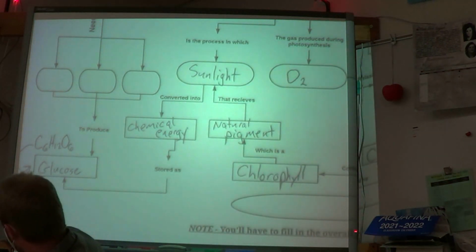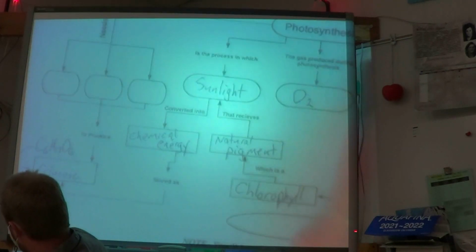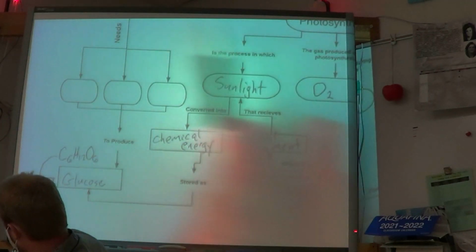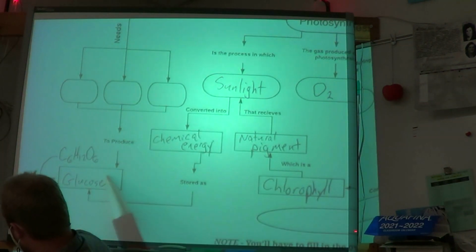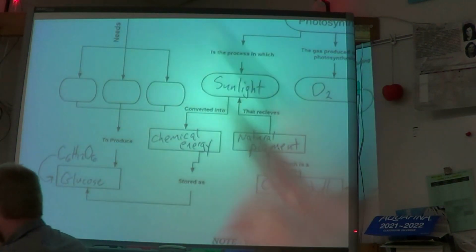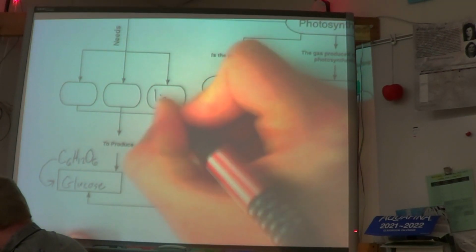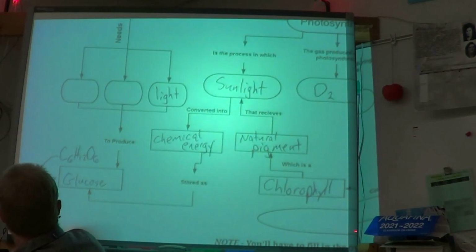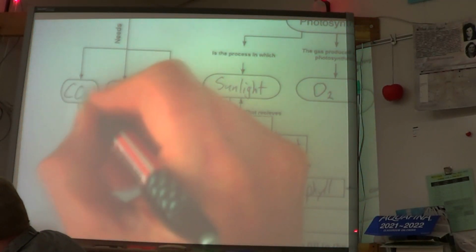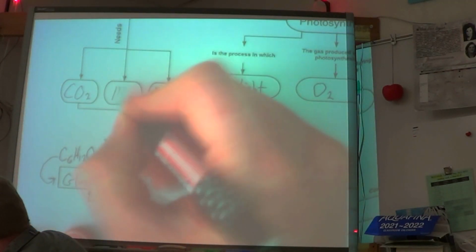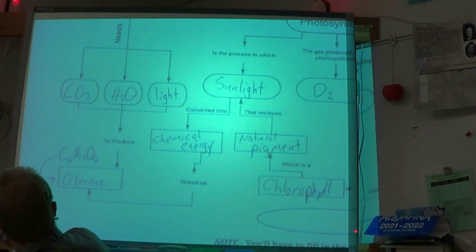Our last three bubbles go along this line. So photosynthesis needs blank, blank, and blank in order to produce that glucose. Light. They need light, and the location of these three don't really matter, just for the record. I'm putting light there. What else? CO2, which is carbon dioxide, and they need H2O, which is water.